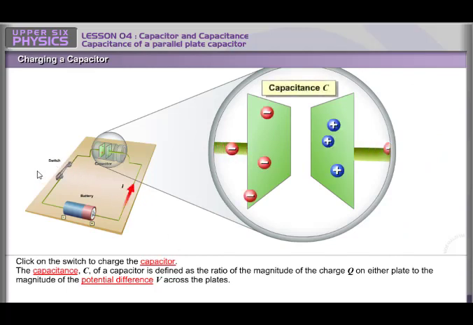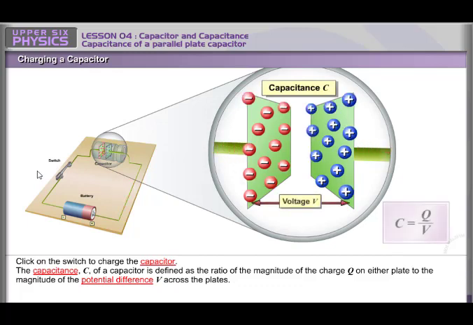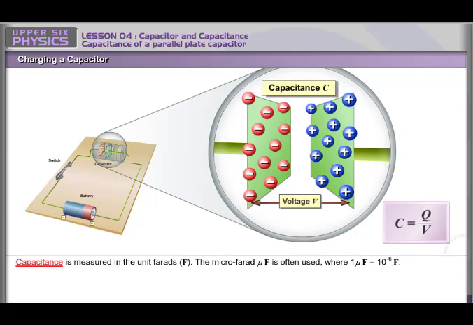The capacitance C of a capacitor is defined as the ratio of the magnitude of the charge Q on either plate to the magnitude of the potential difference V across the plates. Capacitance is measured in the unit farads.